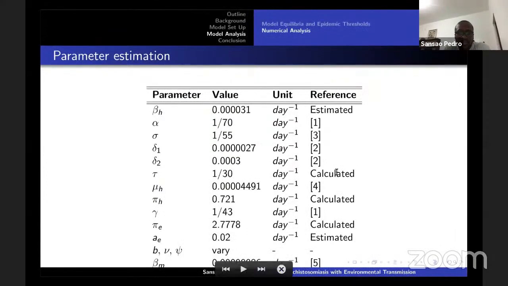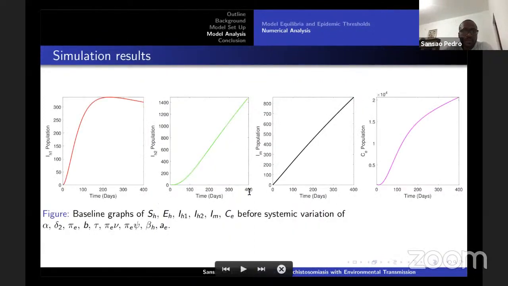Then we did some parameter estimation from the literature, including serological studies, to estimate various parameters. As you can see, the number of parameters is large. It was a simple parameter estimation that can be retrieved from the paper. Then we plotted some time series, specifically when R naught is greater than 1.